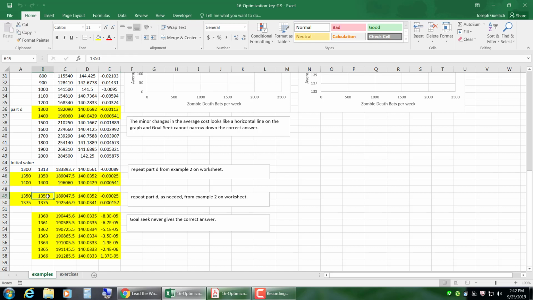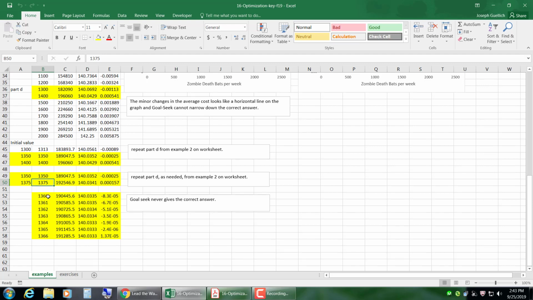So I've repeated this one with goal-seek also. That's why I've got the initial values listed there. And it's narrowed down to between 1350 and 1375. So I've gone from 100 to 25, my accuracy. And then I just, like I said in class, Price Is Right, a little too high, a little too low.